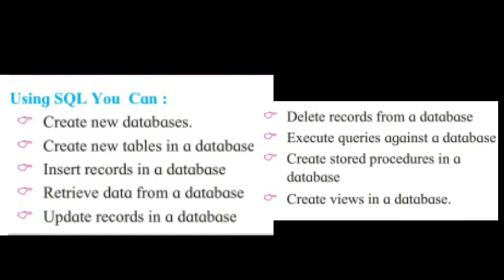So how can we execute a query against a database? Say, for example, we have student information consisting of roll number, name and percentage. If I have information of 100 students, and I ask the database to display the roll number and name of those students who scored more than 85% marks, we perform the operation on the percentage column, and it finds those students who scored more than 85.